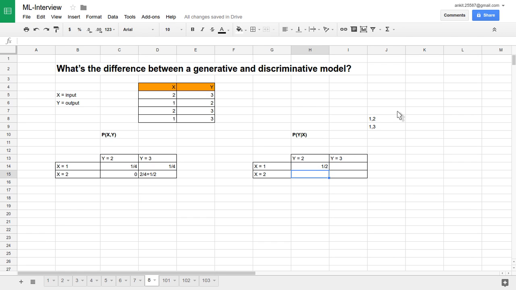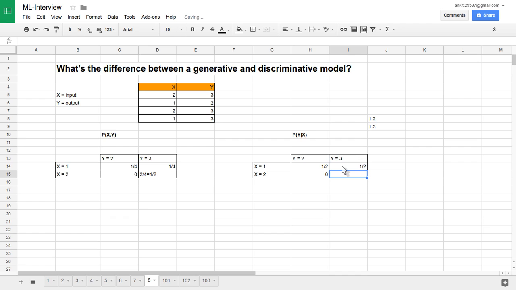Now 2 comma 2. There is no combination of 2 comma 2 that has occurred any times, so it's 0. 1 comma 3 occurs one time, given x is equal to 1. Total 2, out of 2 one time it's occurring, so 1 by 2.